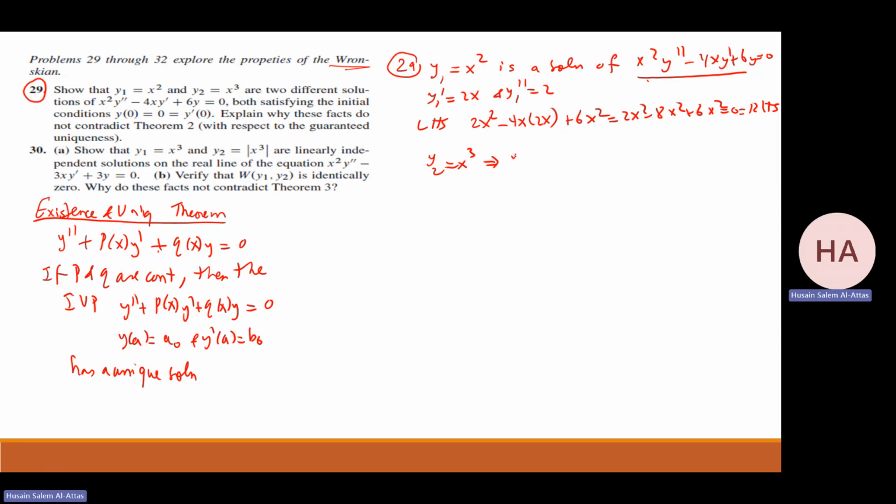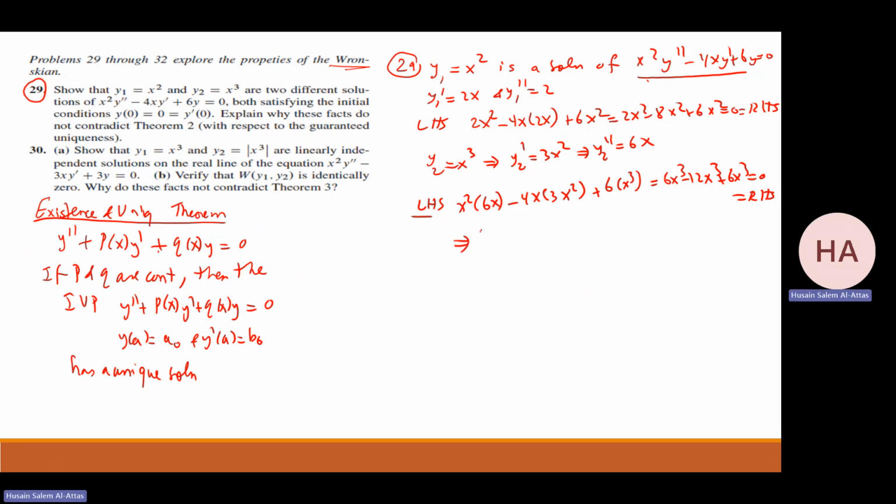So I have y2 prime 3x squared, y2 double prime will be 6x. Substitute there. I have x squared times 6x minus 4x times 3x squared plus 6x cubed. That equals 6x cubed minus 12x cubed plus 6x cubed, which is 0, which is the right hand side.